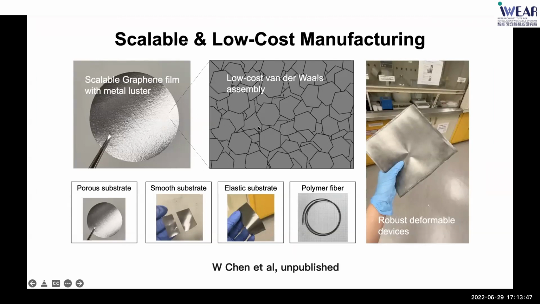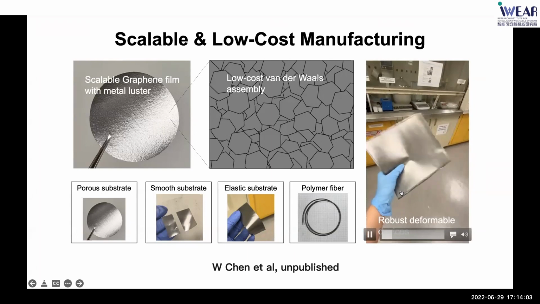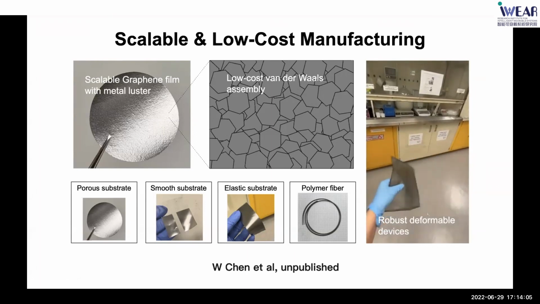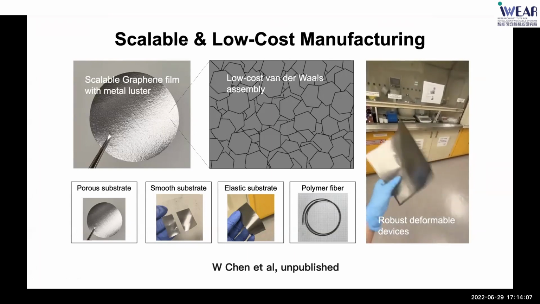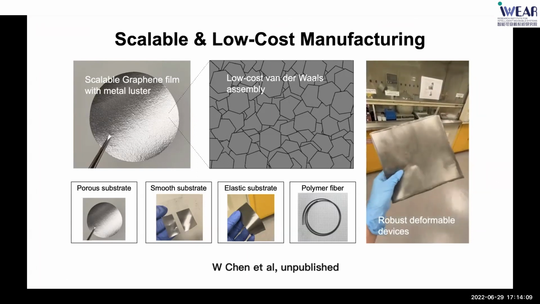This method can be applied on the surface of a porous substrate, a smooth substrate, an elastic substrate, and even a fiber substrate. And in this video, you can see these devices can be robust, deformable devices.